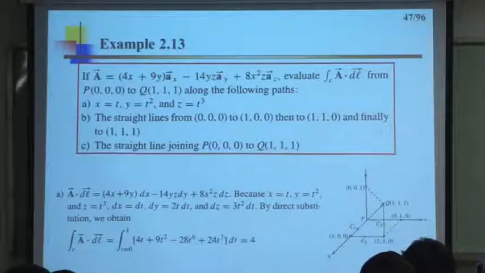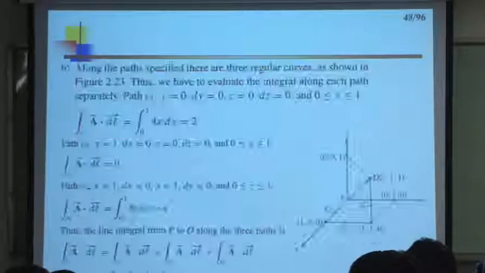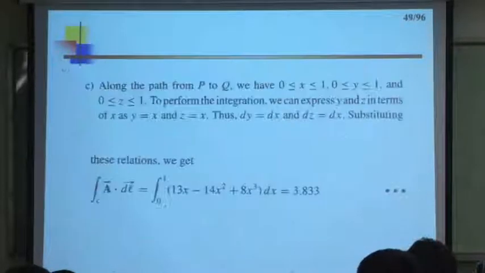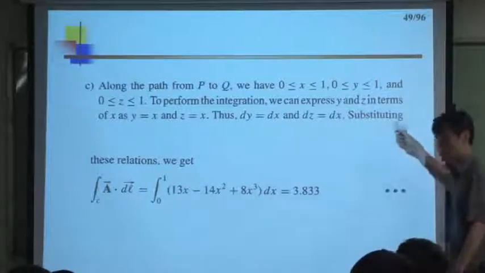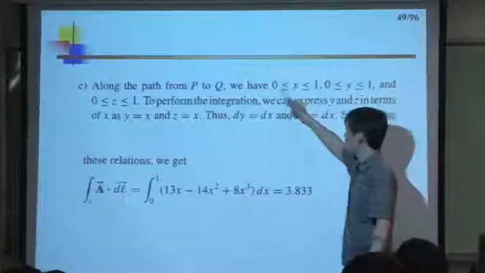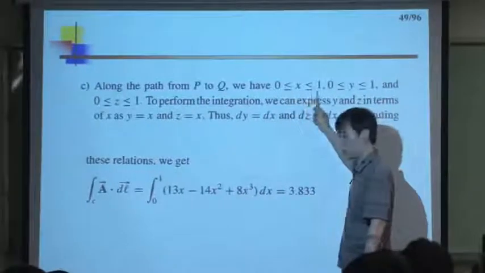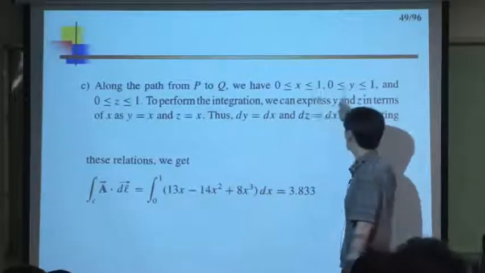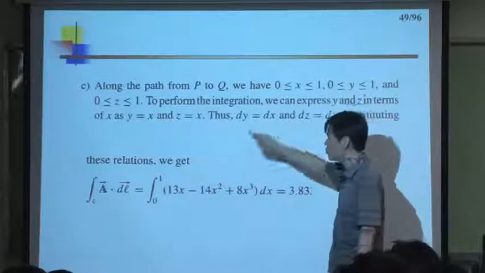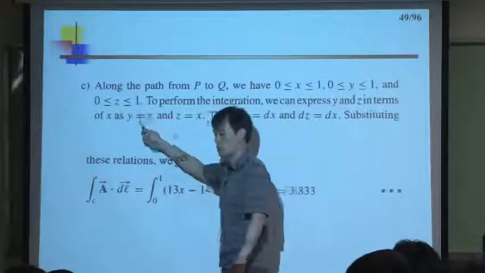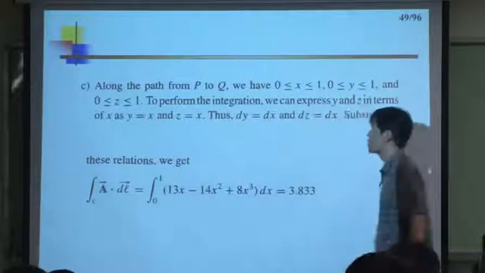Maybe in the next slide there must be. So in case of z, the range of x is from 0 to 1, and y is also from 0 to 1. z is also from 0 to 1 because x, y, z are the same.